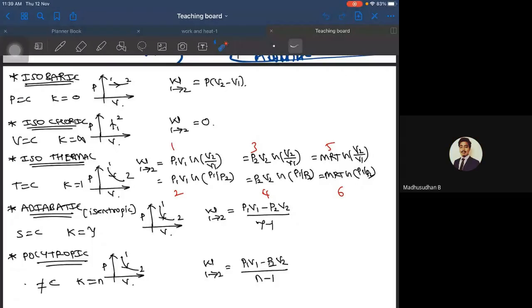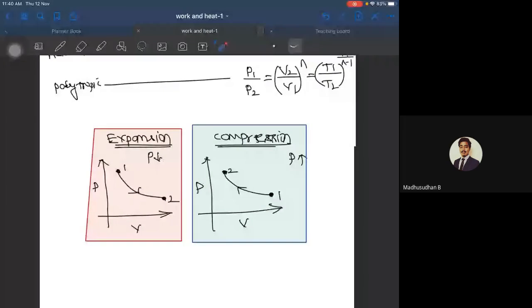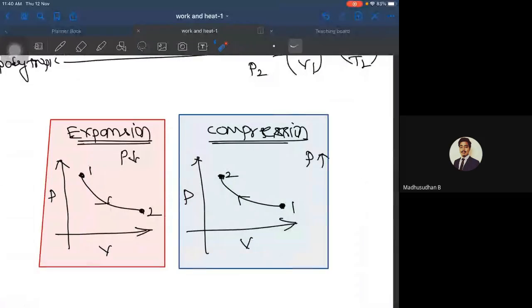Next, you need to understand what an expansion and a compression process is. An expansion process is one in which the pressure decreases. Your pressure gets dropped.